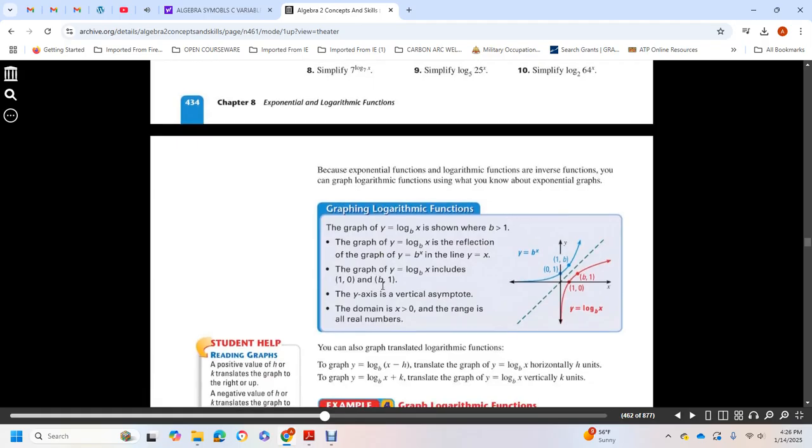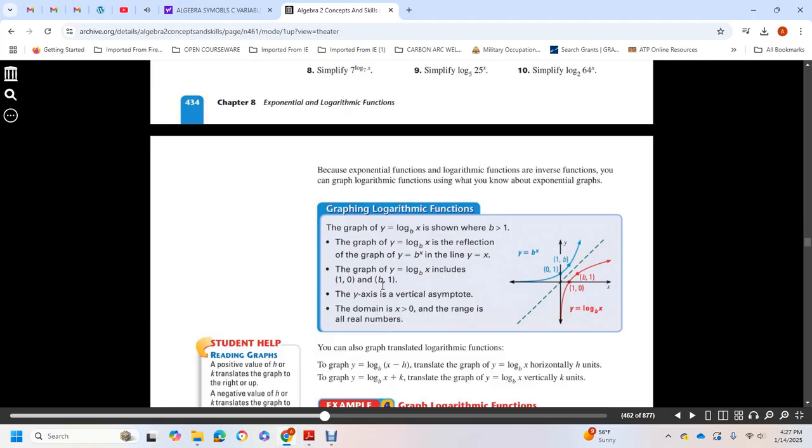Because the exponential and logarithmic functions are inverses, you can graph the logarithmic function using the exponential function. The graph of y equals log base b of x is shown where b is greater than 1. It is a reflection of the graph of y equals b to the x over the line y equals x.